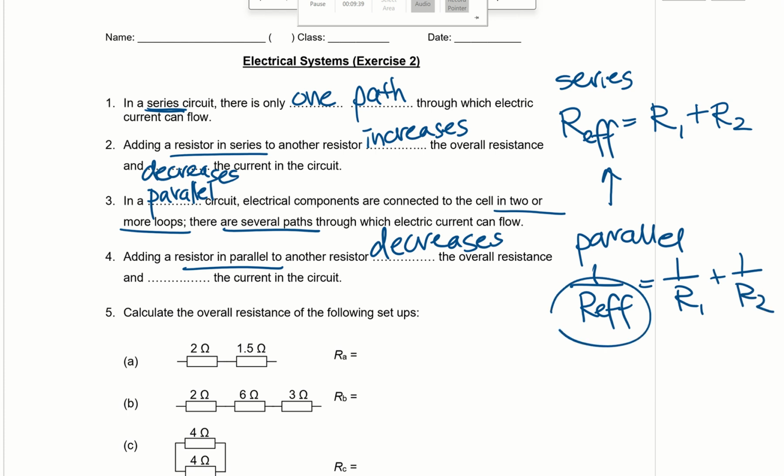Don't forget to flip this when you do your fractions, and it is very important to have a calculator. Overall resistance decreases, but the current actually increases. So whenever your resistance decreases, your current will increase. It always goes the other way.